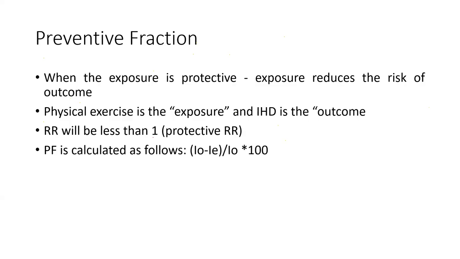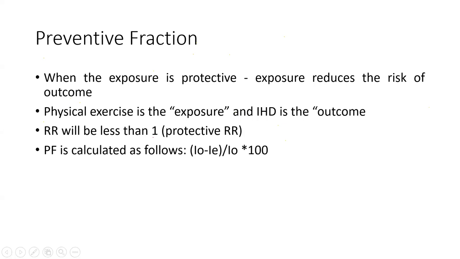In these situations, you have to calculate what is known as preventive fraction. For example, physical exercise is protective against ischemic heart disease, or anything which is protective. Wherever the relative risk is less than 1, we know that factor is protective. In those situations, you calculate preventive fraction.